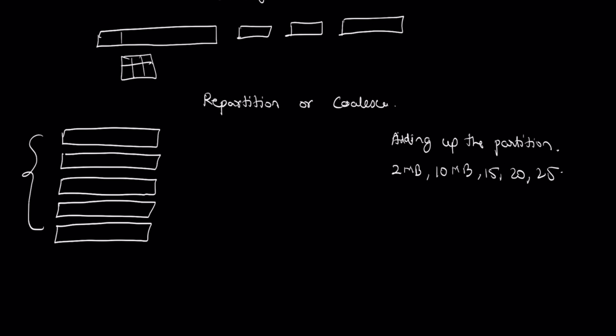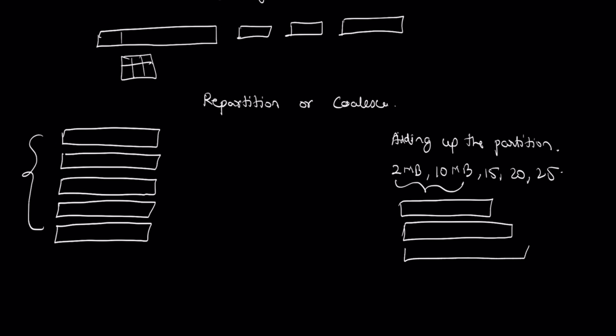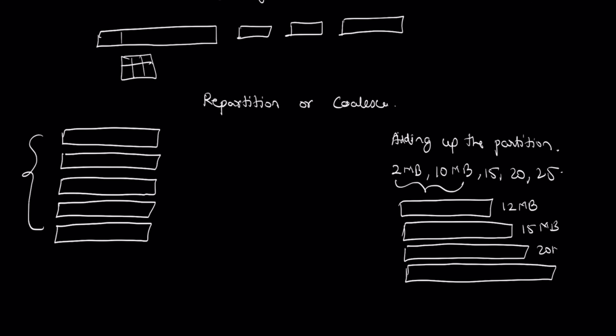So what coalesce would do is add the partitions of 10 MB and 2 MB together. So we would end up with something like this, four partitions: one of 12 MB, one of 15 MB, one of 20 MB, and one of 25 MB.